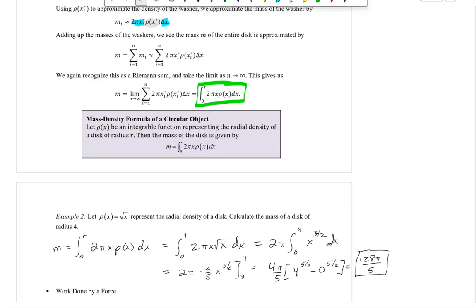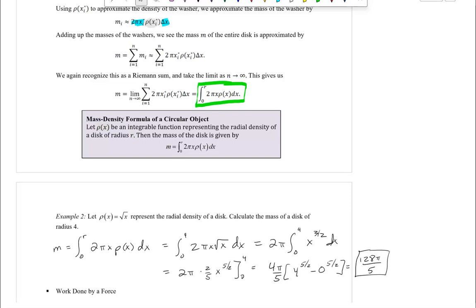Or what if I have a three-dimensional figure and I want to find the mass of that given some density function? Those are great questions, and they can be answered using calculus, but we need multivariable calculus to do that, because we have more than one variable when we look at our plate as a non-circular plate with some density function other than radial density.